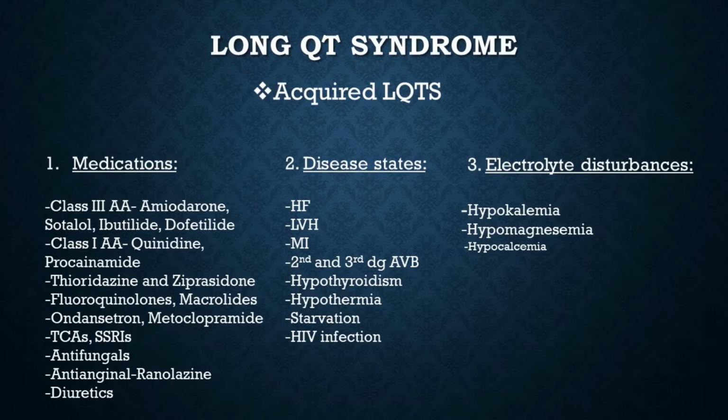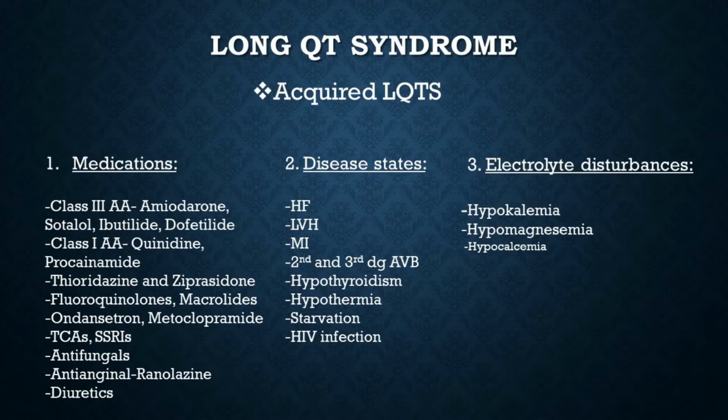Some of the most common medications that can cause QT prolongation are the class 3 antiarrhythmics, amiodarone, sotalol, ibutilide, dofetilide, as well as class 1 antiarrhythmics, quinidine, procainamide, the antipsychotics thioridazine and ziprasidone, some antibiotics like fluoroquinolones and macrolides, ondansetron and metoclopramide, which are both antiemetics, the TCAs and SSRIs, antifungals, ranolazine, which is an anti-anginal medication used in stable angina as a last resort drug after initial management fails, diuretics, and many more.